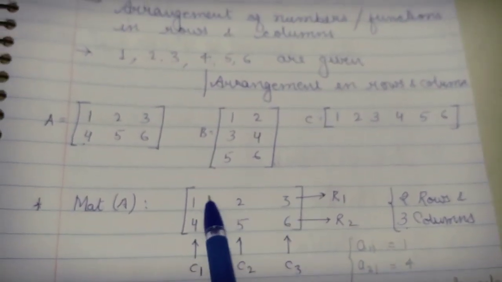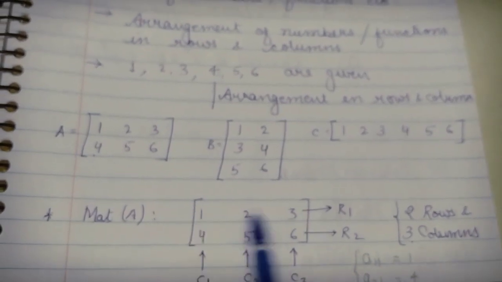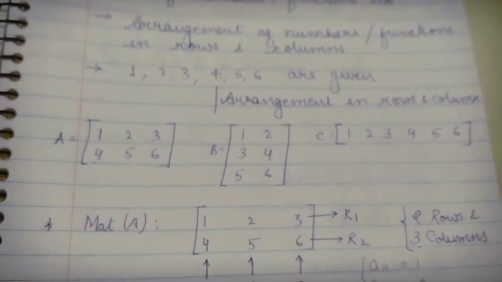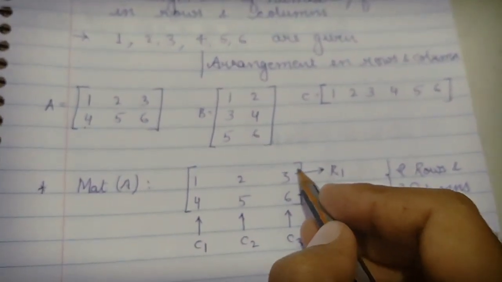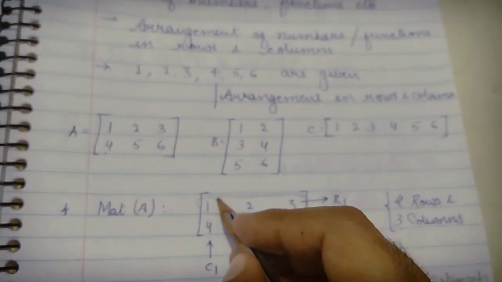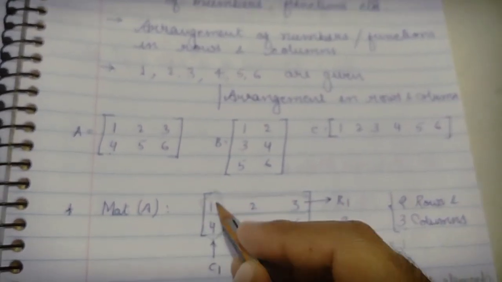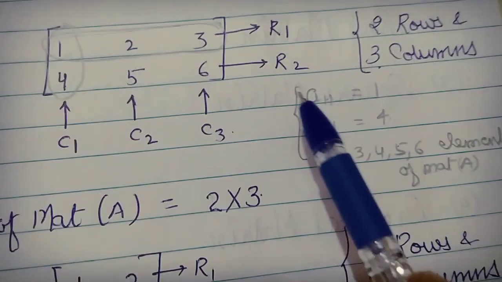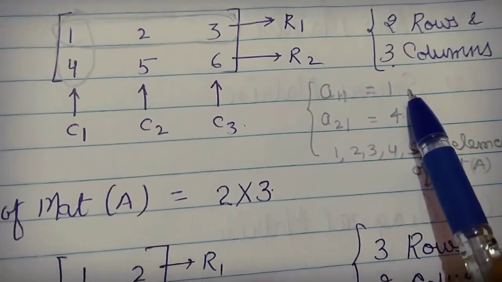This is the first row, and I am talking about the element of the first row and first column, that is 1. That's why the value of A11 is equal to 1.